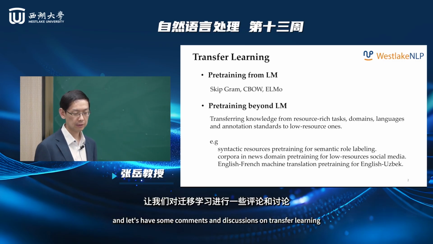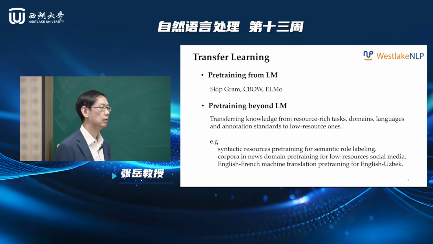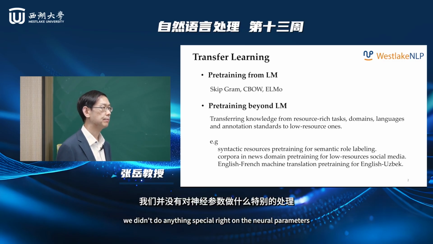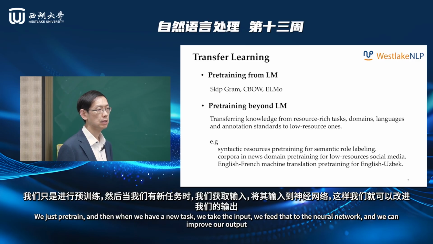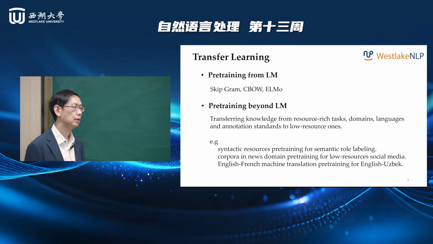Let's have some comments and discussion on transfer learning. We didn't do anything special on the neural parameters. We just pre-trained, and then when we have a new task, we take the input, feed it to the neural network, and we can improve our output.